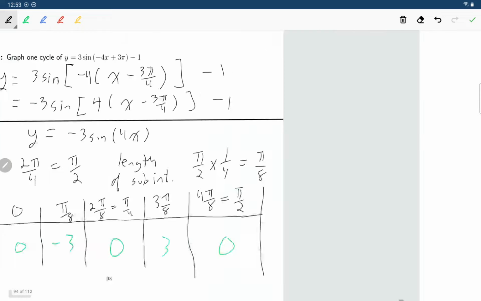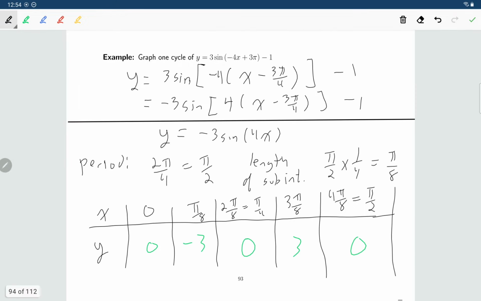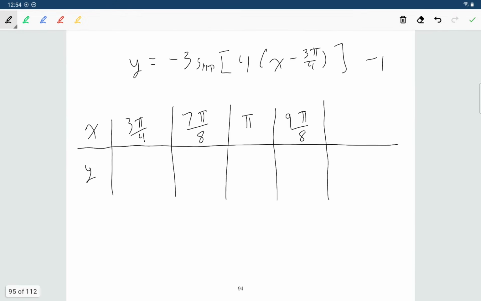So we've done the first three, 0, pi over 8, pi over 4. The next one up, 3 pi over 8 plus 3 pi over 4. And when we add those together, we will get 9 pi over 8. And then the very last one that we had, which was pi over 2, pi over 2 plus 3 pi over 4.